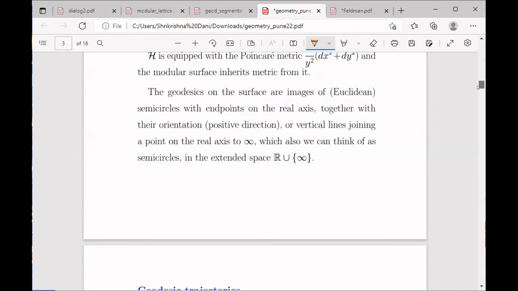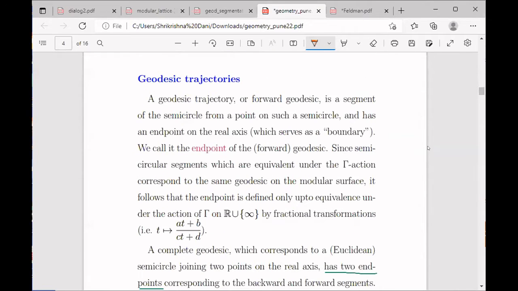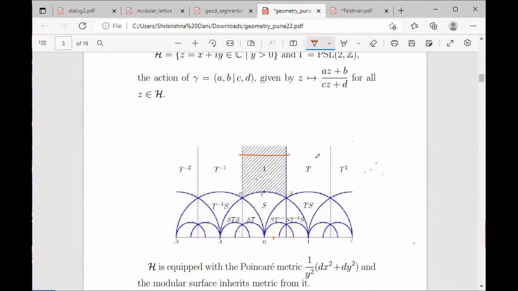Okay, so that's the kind of variety that we are going to see. And now, as I said, for each of the geodesic trajectories, there is a certain endpoint, and the thing that we are going to focus on is the endpoint vis-a-vis the behavior of this trajectory.